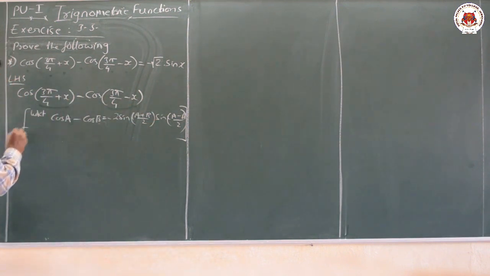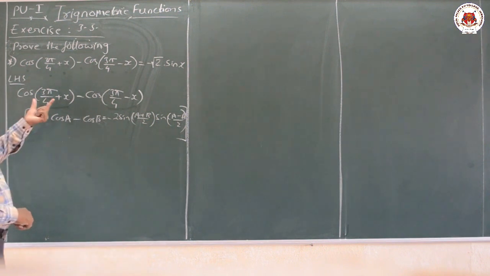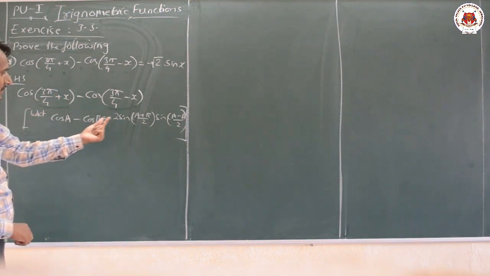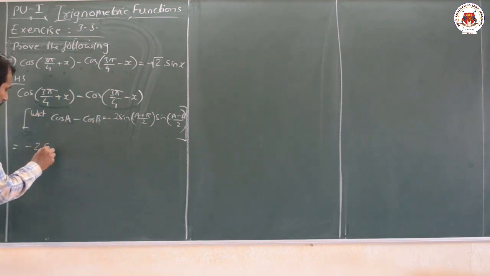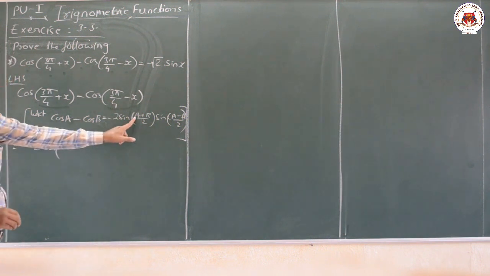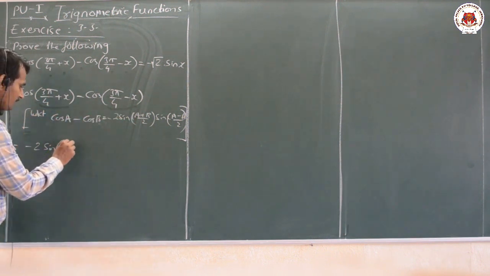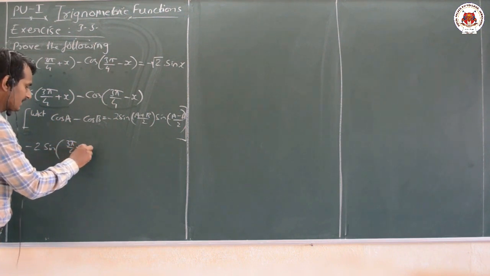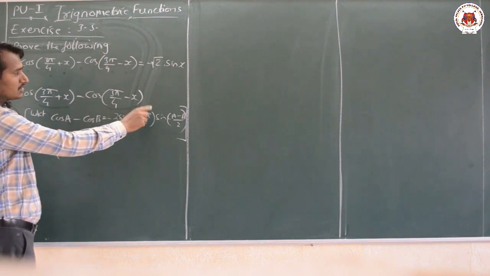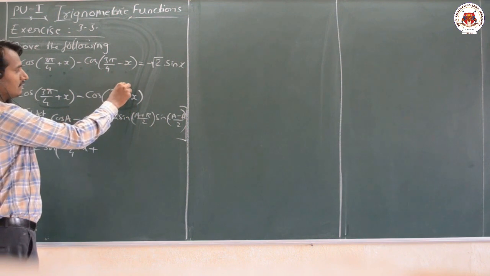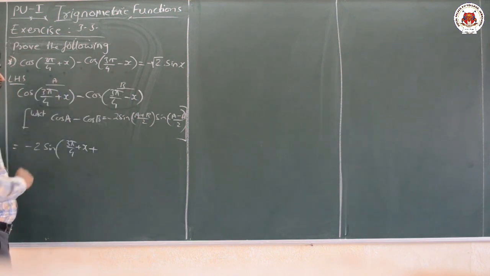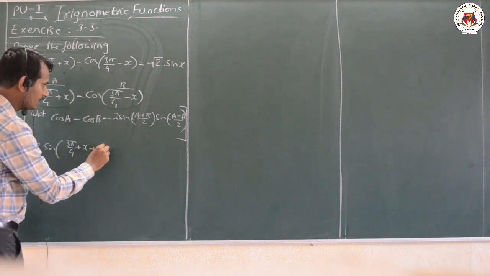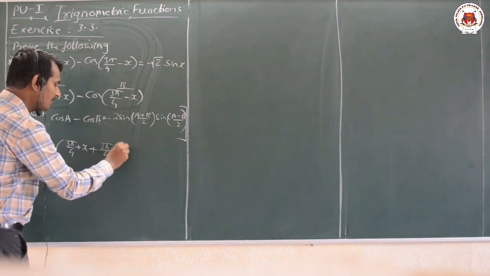So cos a minus cos b is minus 2 sin of, what is the a part here? a means 3 pi by 4 plus x, plus the b part. Dear students, this whole is b, and the other whole part is a here, that is 3 pi by 4 minus x.